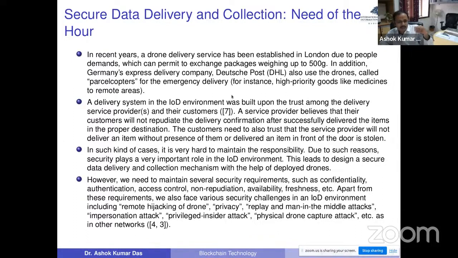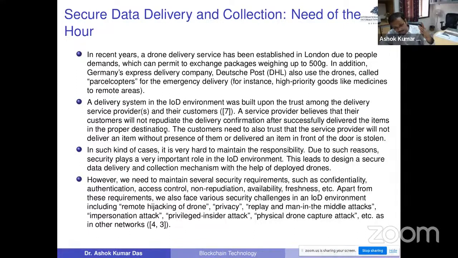So far, the trust used in the delivery system is that a service provider believes their customers will not repudiate the delivery confirmations after successfully delivering the items to the proper destinations.